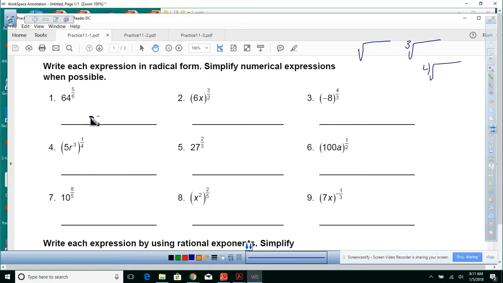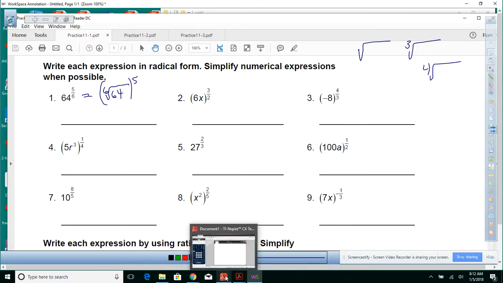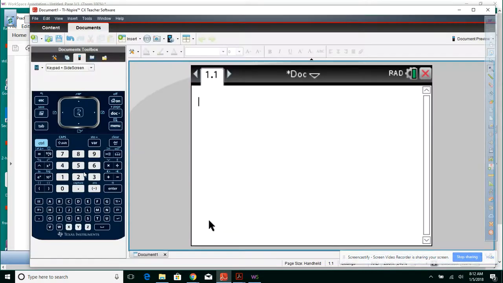So we're going to take this right here, and we're going to write it in radical form. It becomes the 6th root of 64 to the 5th power. If we go to our calculator, we'll write it there.